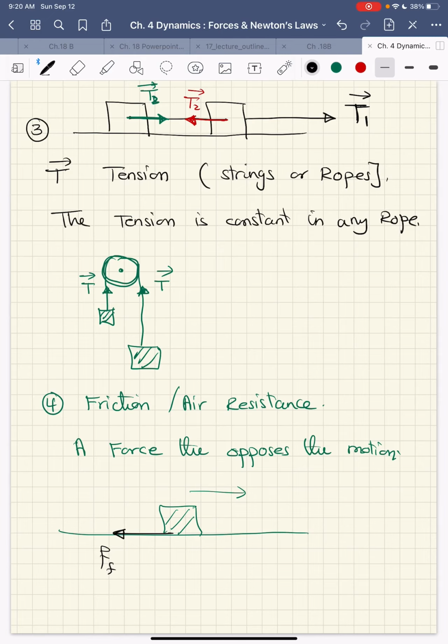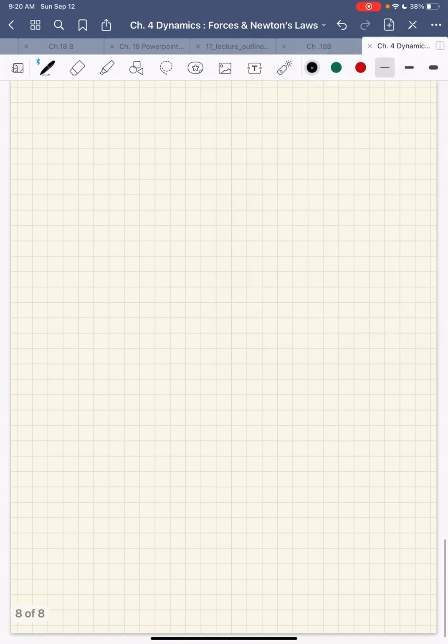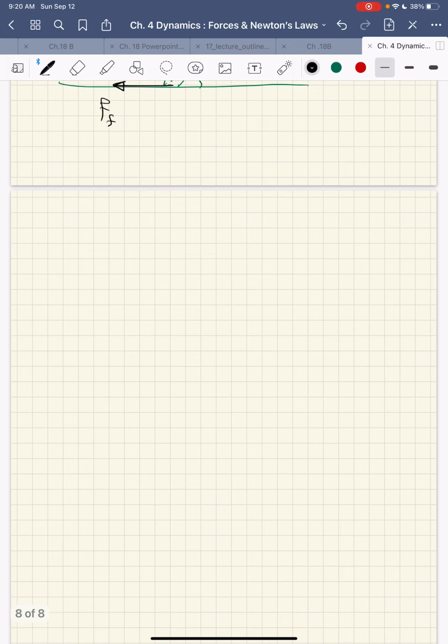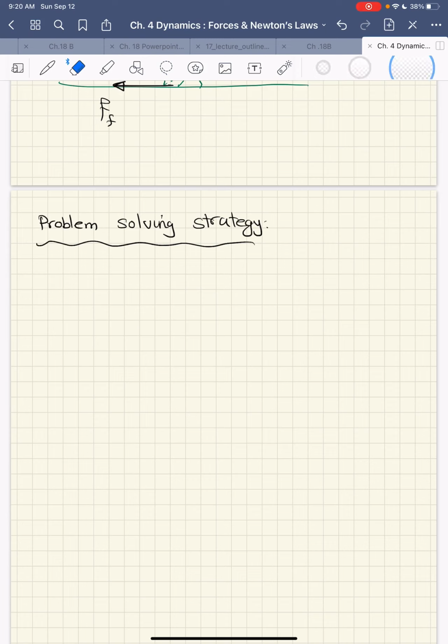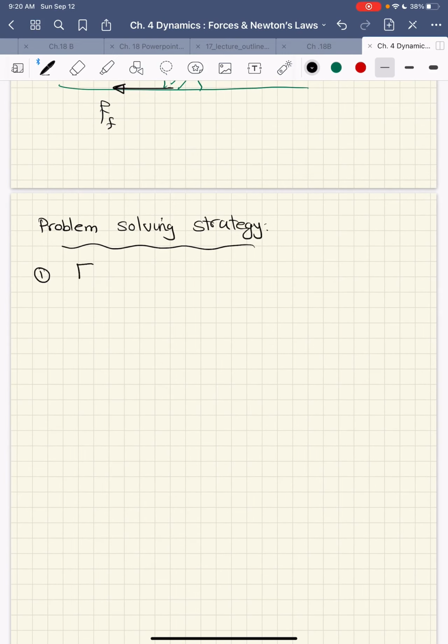Here the first thing is the problem solving strategy. Simply, I will say the steps. The first one, even if I did not ask for it, you should provide it, which is free body diagrams.